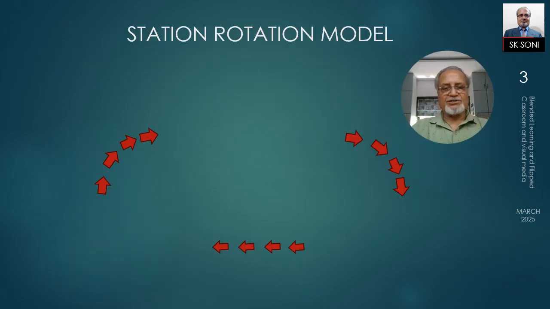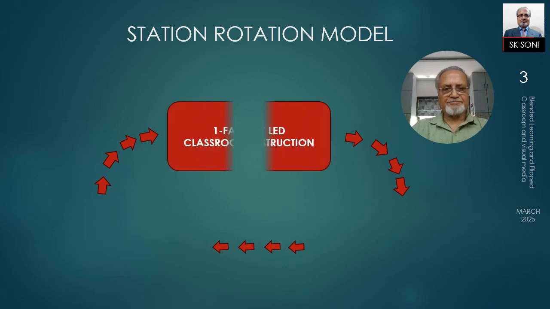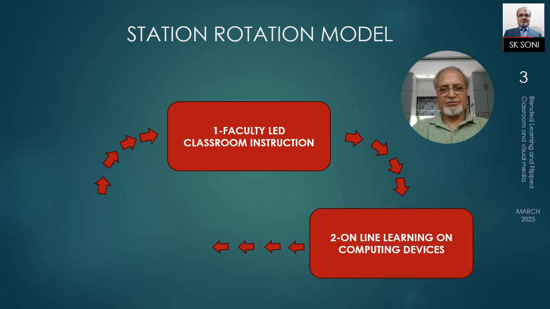The first example of rotation model is rotation of learning stations. For instance, in one of the learning stations, faculty is leading the classroom instruction. So, classroom instruction is one of the stations.